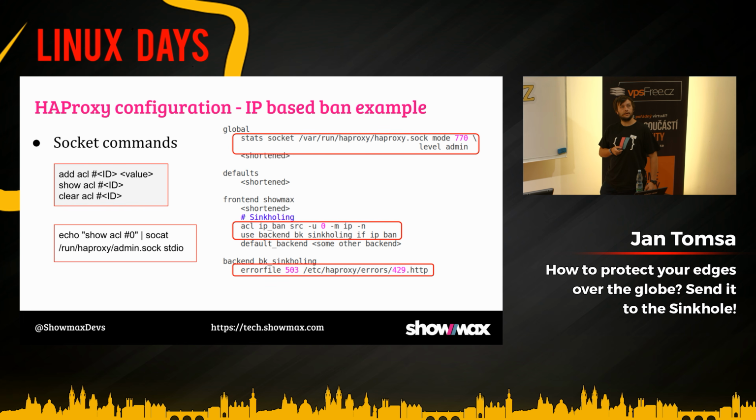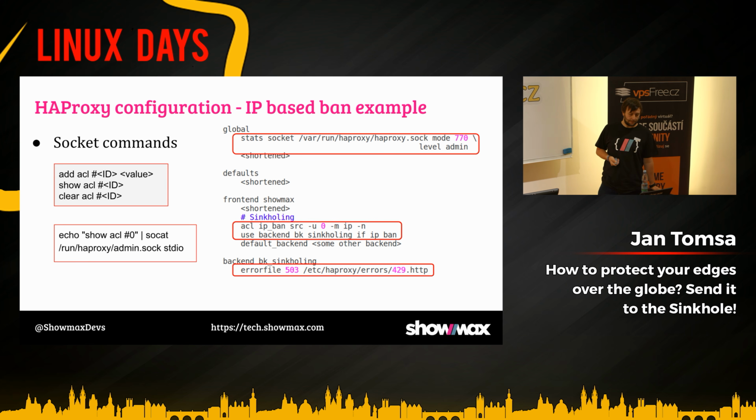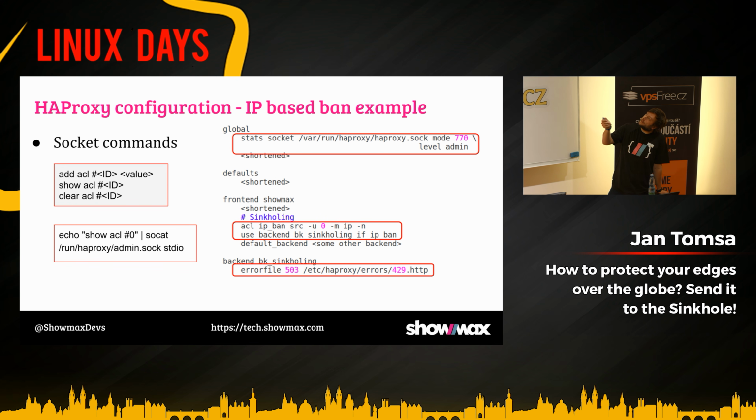So, how to control it via socket? You just head to the main configuration of HAProxy, and in the global settings you specify the socket, where the socket should be. For controlling via socket, you can use the add acl, show acl, and clear acl commands.